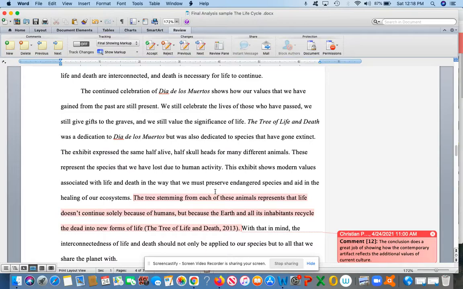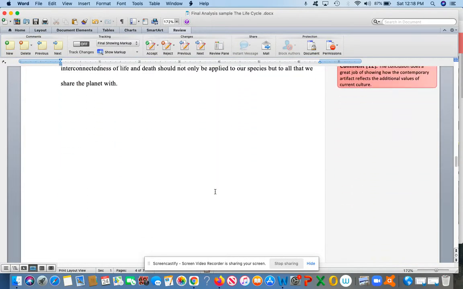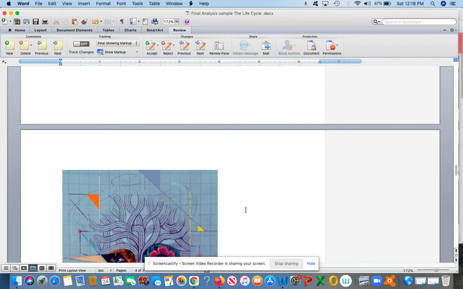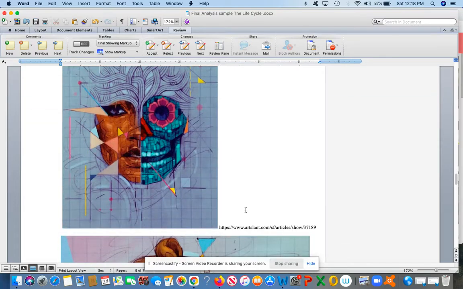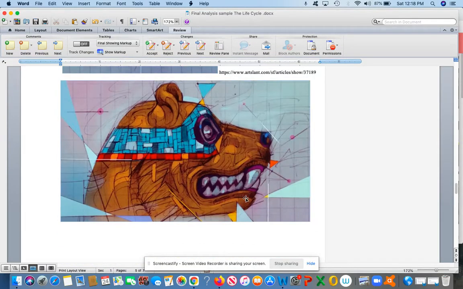In this case, environmentalism, which for obvious reasons wasn't as big a concern back in Egypt if you were an Egyptian living near the pyramids. And then at the end, there are the physical representations, as well as a link to the images, which is a nice touch.